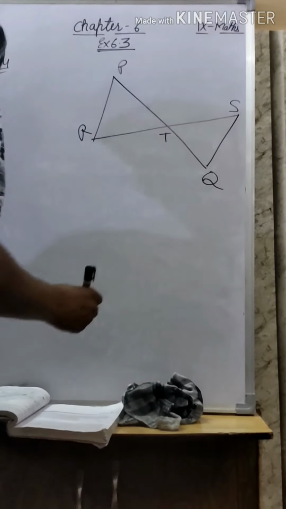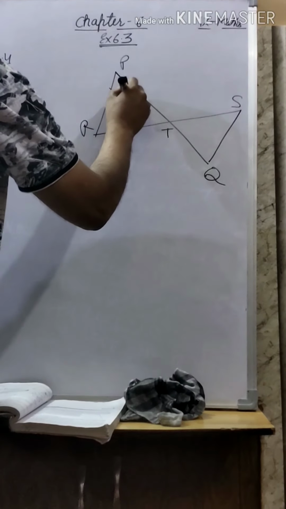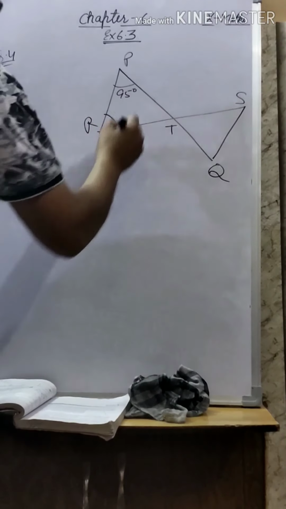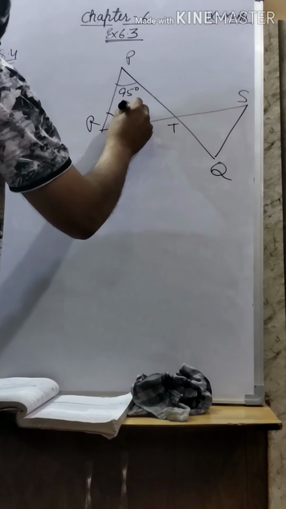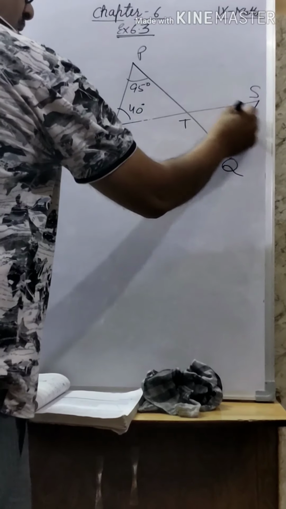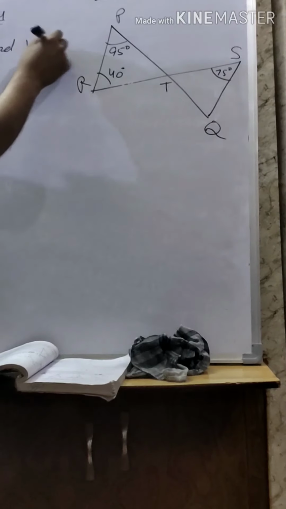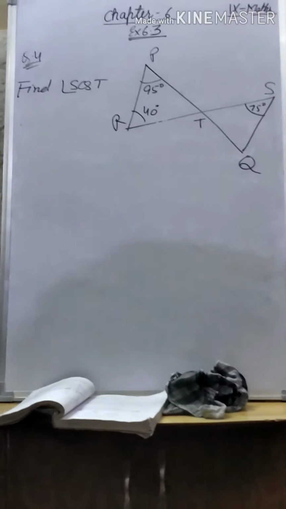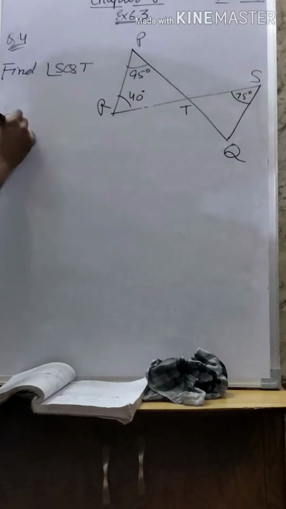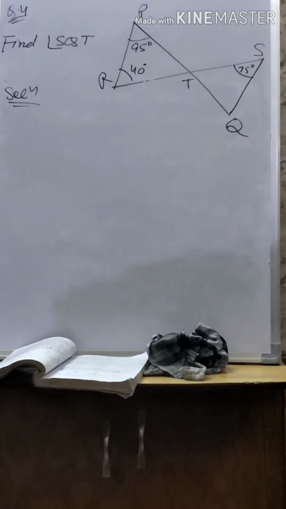These angles: this is 95 degrees, this angle is 40 degrees and this angle is 75 degrees, and this is point T, this is Q. Now he is asking to find angle SQT. Clear this?